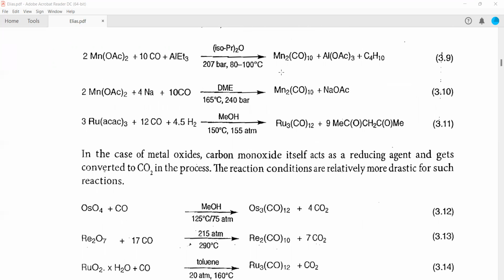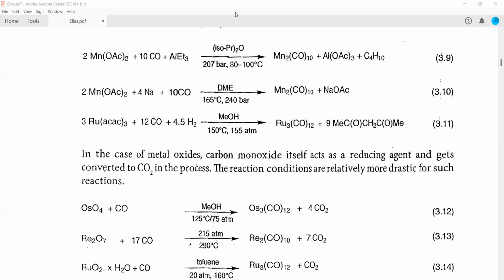In some cases, in the case of metal oxides, carbon monoxide itself acts as a reducing agent and gets converted to carbon dioxide in the process. So the reaction conditions are more drastic for such reactions. If certain metals exist as oxides, you can still make the carbonyl, and you don't need an external reducing agent.